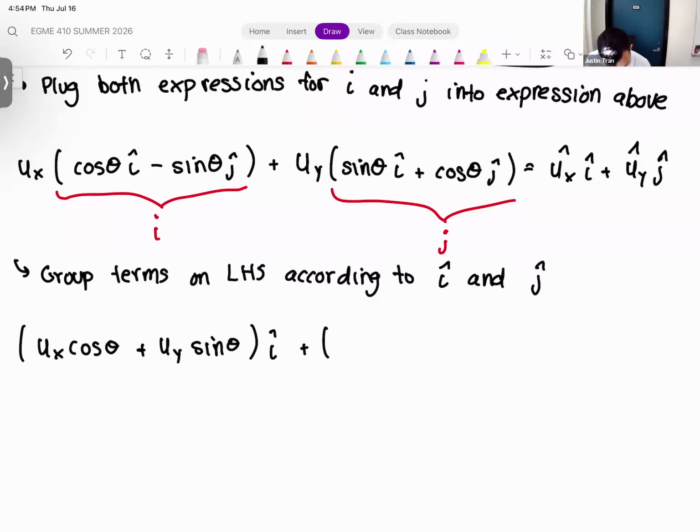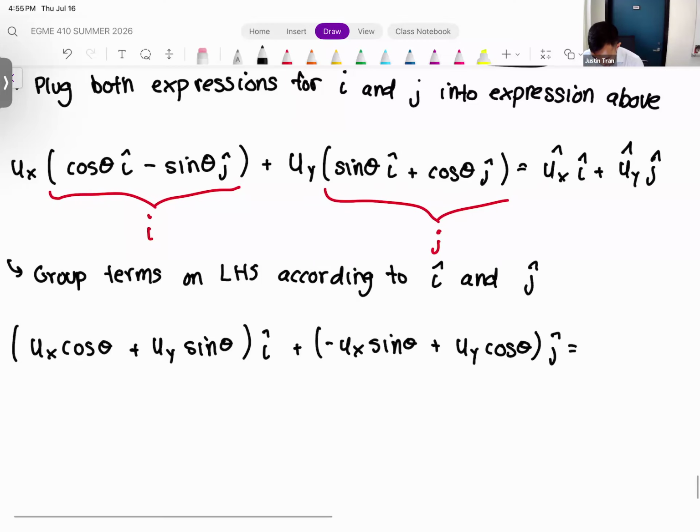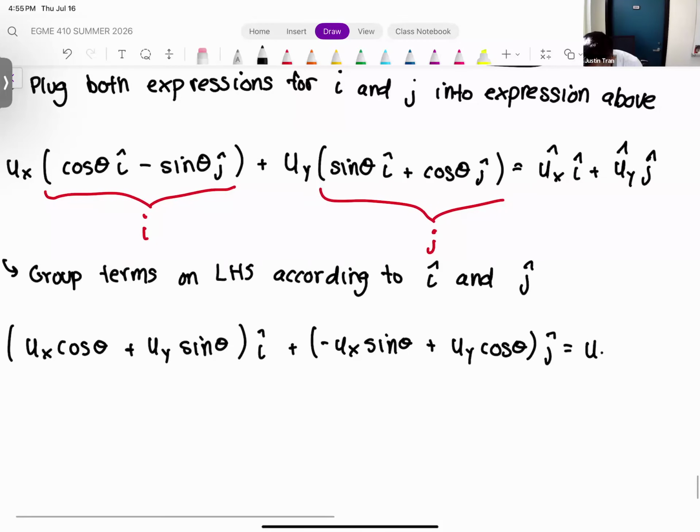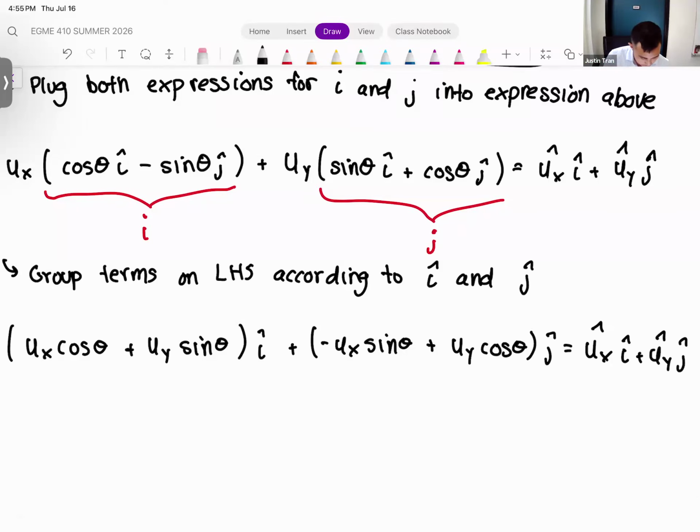Plus, we have minus ux sine theta plus uy cosine theta. Those are the j hat terms. And that's equal to ux hat i hat plus uy hat j hat.